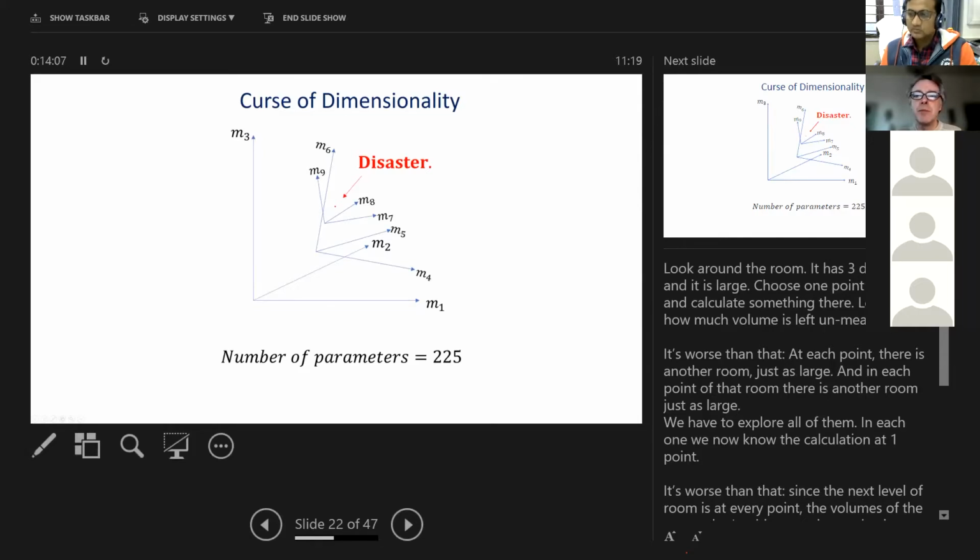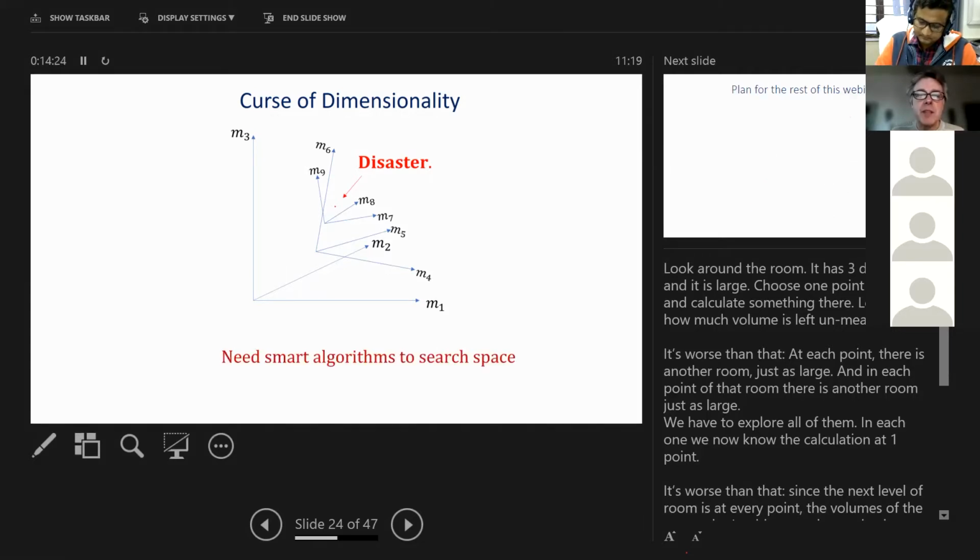It's a problem for almost all algorithms, and it is the reason that these problems are hard. What this means is that if we're to progress, we're going to need some very smart algorithms to search this space. We definitely cannot search everywhere. You might be interested to know that if we know nothing about these parameters, we literally have to search everywhere.